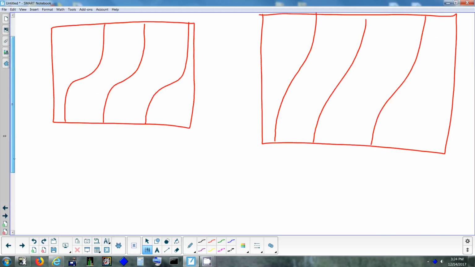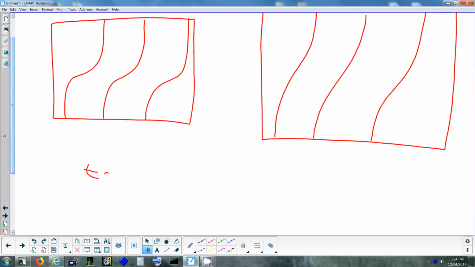And I said one of those is the graph of tan x, and the other one is the graph of 3 tan x. Match up which one is which.